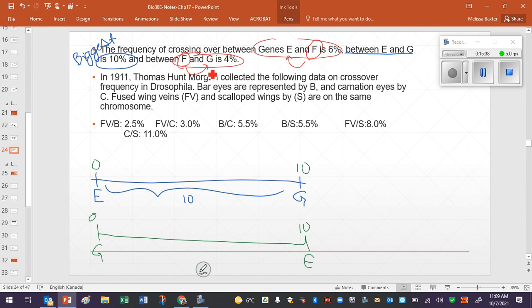That's what I'm aiming for. The reason I want to compare it to both ends is because I want to know, is it closer to one end than the other, so I can place it correctly. According to this, F is 6 map units away from E, but only 4 map units away from G.